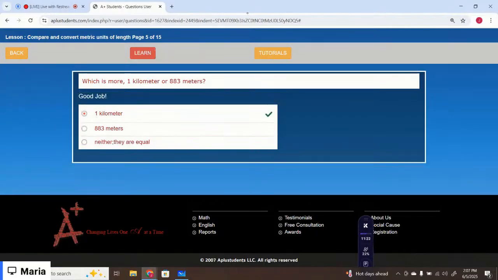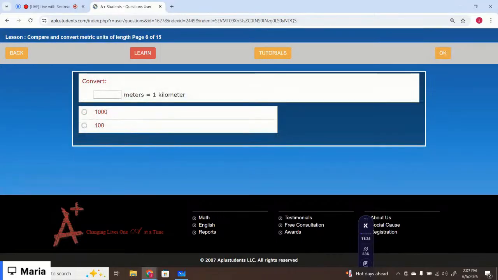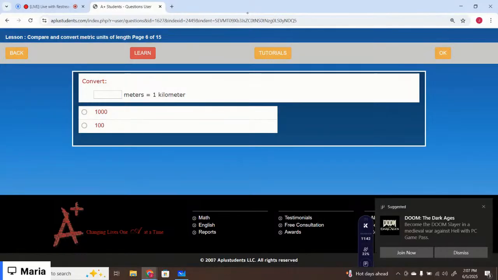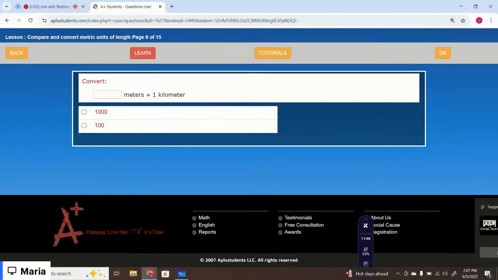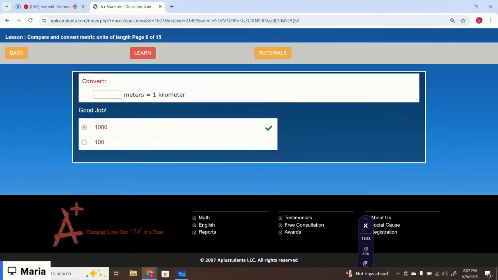So option number one is the correct option. 1 kilometer equals 1,000 meters. Option number one is the correct option.